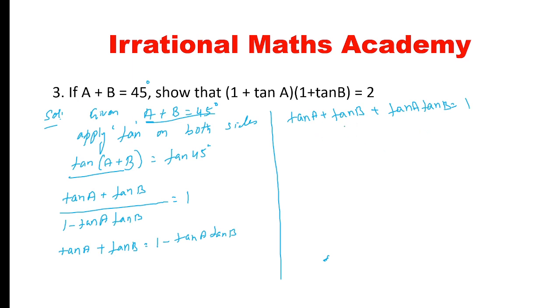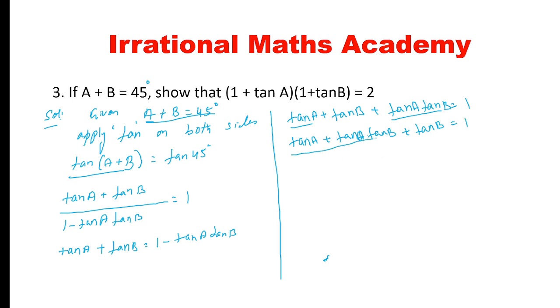Now, what I'll do is, tan A, and here tan A into tan B is there, right? From that, I'll take tan A as common. Let me write it down at one place. Tan A plus tan A tan B plus tan B. You can take B also common, no problem.